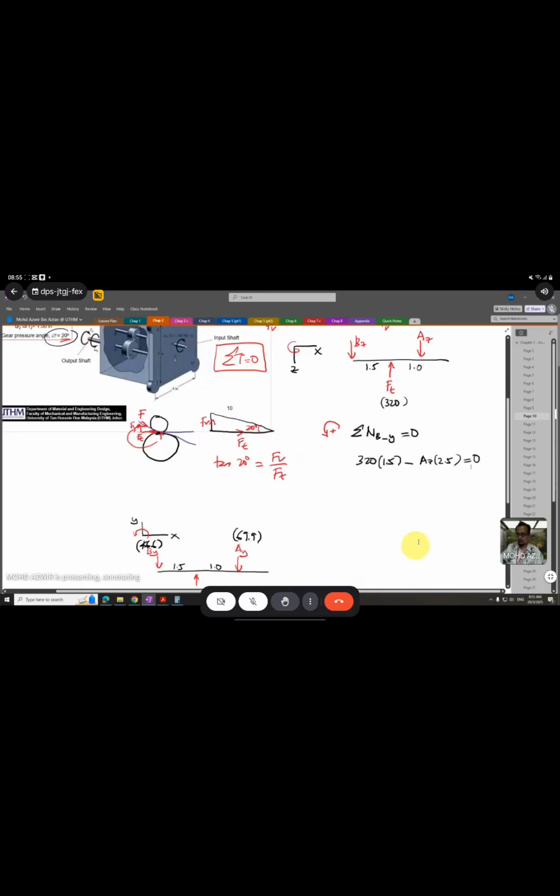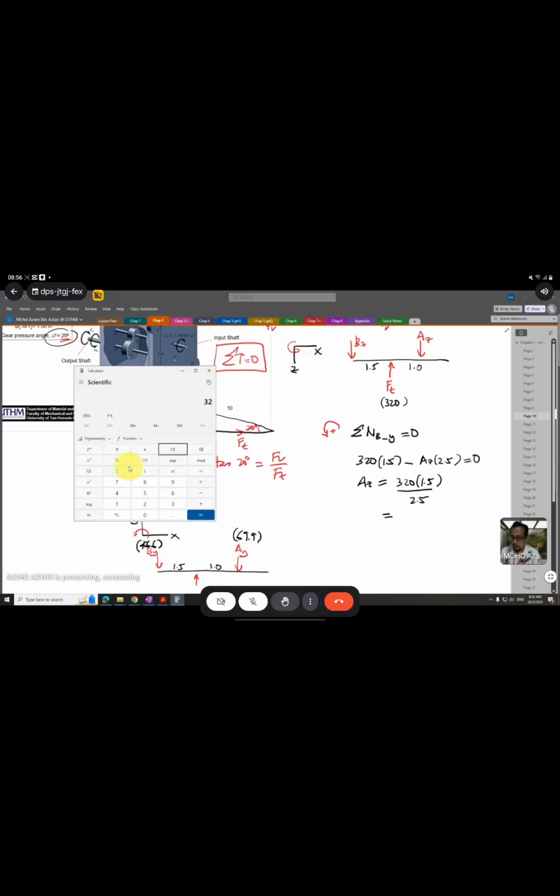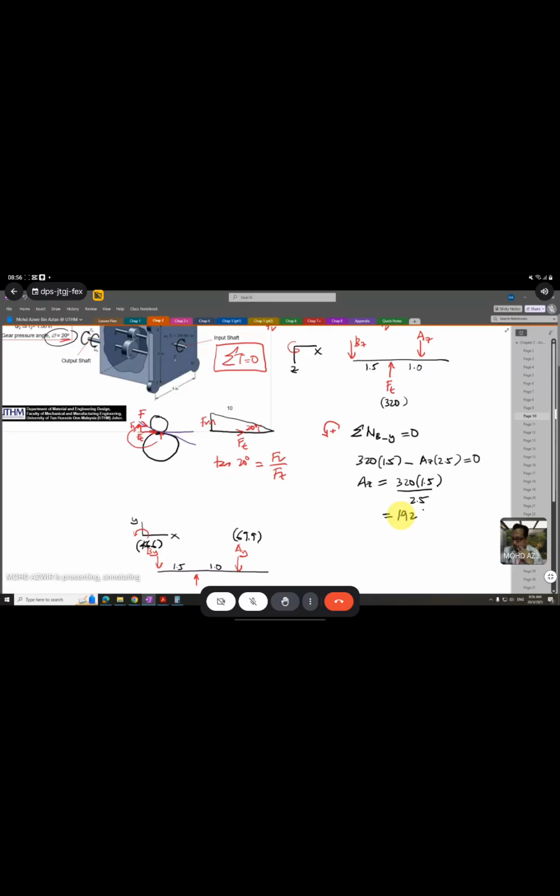Then you can get your Az. Az is equal to 320 times 1.5 divided by 2.5, which is 192.